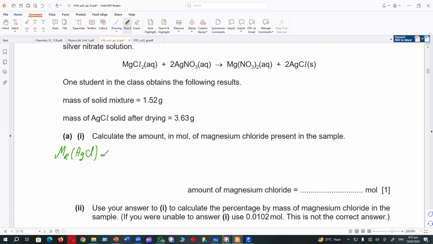How much for silver? For silver, it's 107.9. And for chlorine? 35.5. Right. So add them. It will be 143.4.